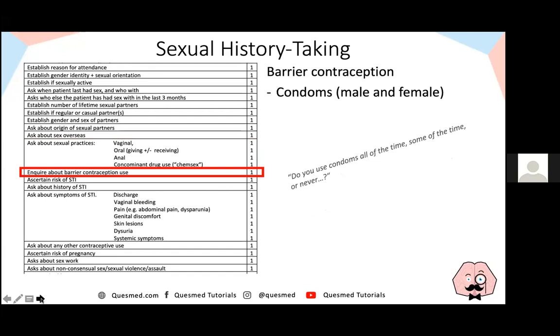And I ask if they use condoms all of the time, some of the time, or none of the time. And that's also important to ask if condoms are used for oral sex and anal sex as well. Quite often I find that people are happy to use condoms for vaginal sex, but don't feel the need to use condoms for anal and oral sex, forgetting the fact that they can still catch sexually transmitted infections.